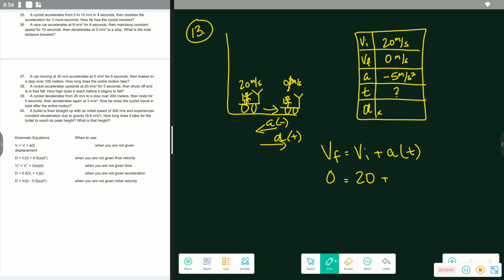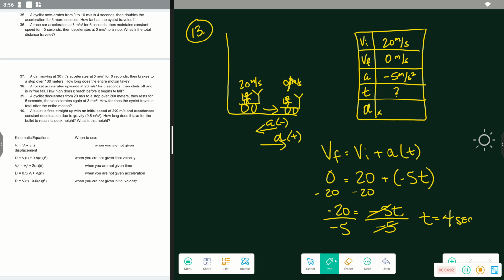Initial velocity is 20. And it's going to be a negative 5 times T. Now to get T by itself, you've got to subtract 20 from both sides. So it's negative 20 equals negative 5T. Divide by negative 5, that cancels. And you're left with T equaling 4 seconds.